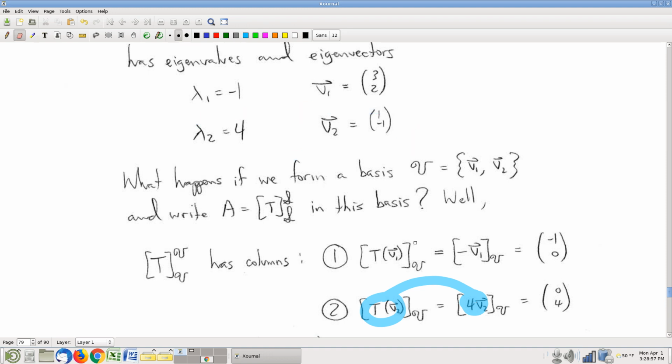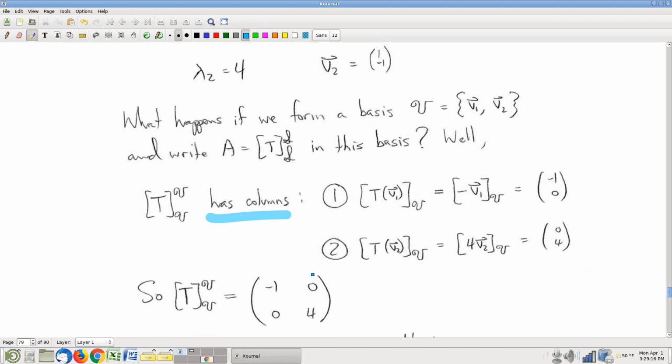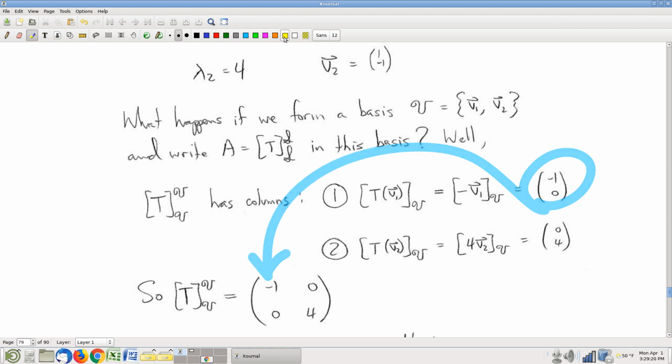Okay, next, how do I write 4V2 in terms of V1 and V2? Well, same game, same lucky break, 0, 4. Everybody see what happened there? And now keep in mind that's the columns of the matrix that we're trying to compute. And so therefore, this is the first column and this is the second column.